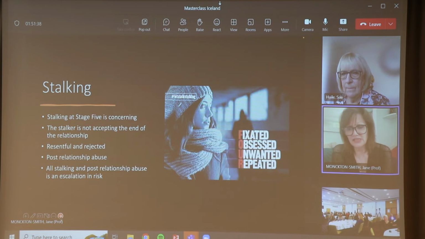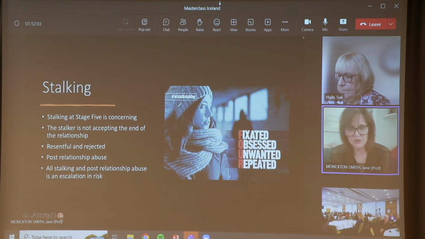It is fixated, obsessed, unwanted, and repeated. So in stage 5, when stalking starts, it is an obsessive behaviour. But what we don't tend to do is also link coercive control as a fixated and obsessive behaviour, because it is.